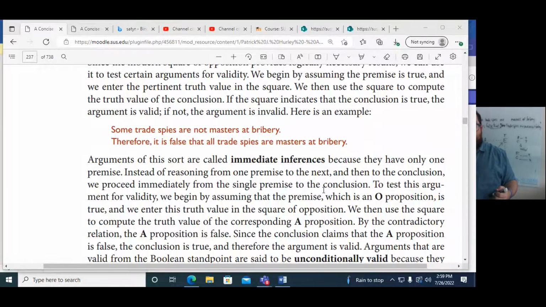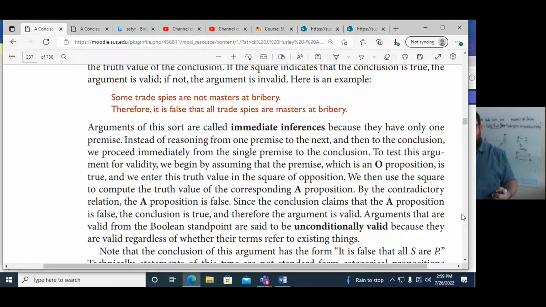All right, so let's go here. Arguments of this sort are called immediate inferences because they have only one premise. Instead of reasoning from one premise to the next and then to the conclusion, we proceed immediately from the single premise to a conclusion. To test this argument for validity, we begin by assuming the premise, which is an O proposition, is true, and we enter this truth value in the square of opposition like we did.